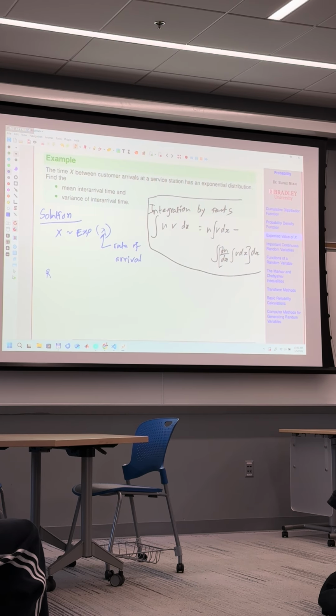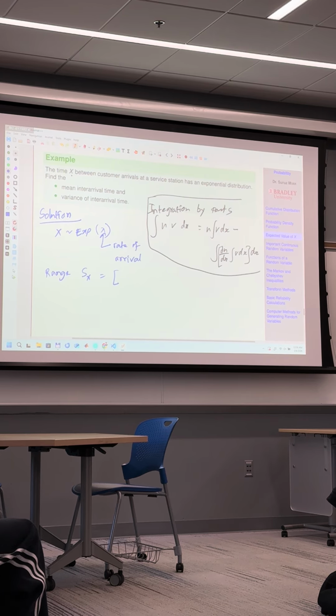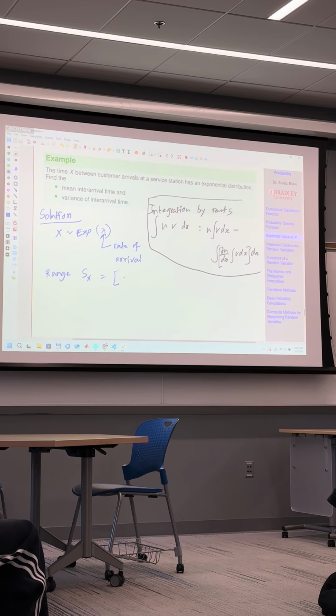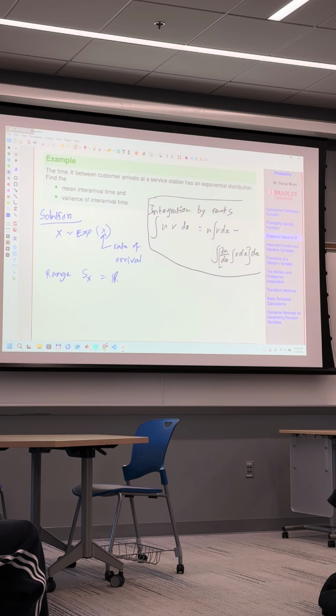If I ask you what is the range of random variable x, the range S sub x, it is time, so it is going to be greater than 0. You can say it is the entire real line, but only the positive values starting from 0.